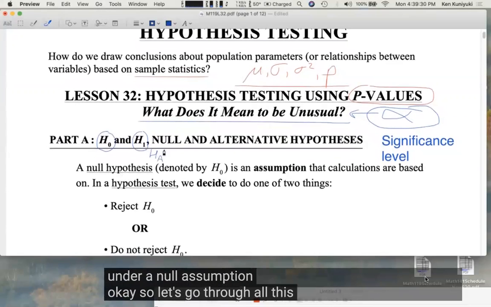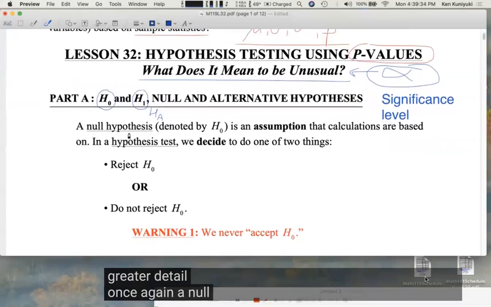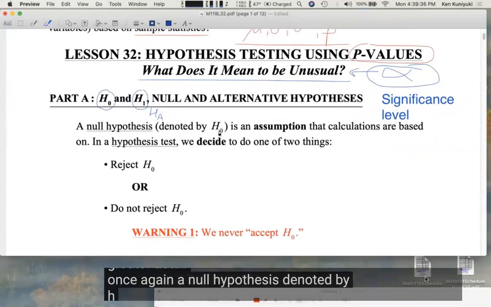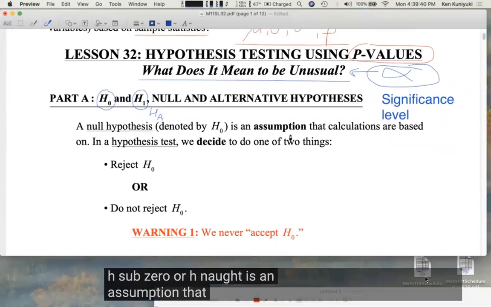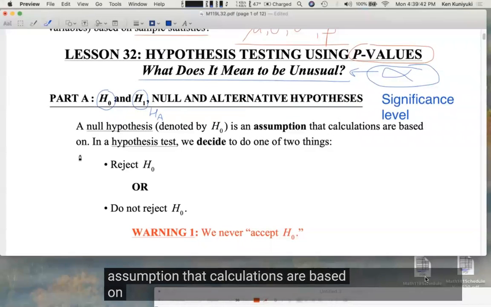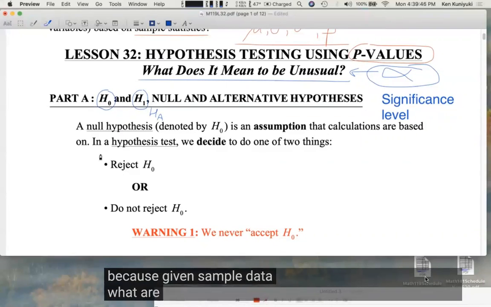Okay, so let's go through all this in greater detail. Once again, a null hypothesis, denoted by H sub 0 or H naught, is an assumption that calculations are based on. Because given sample data, what are some key numbers that we're going to derive in order to make judgments about the null hypothesis and the alternative hypothesis?